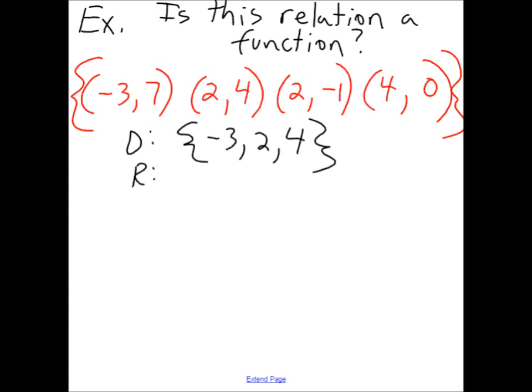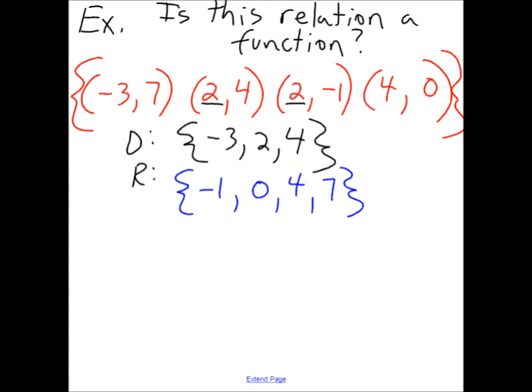Remember, 2 repeats itself twice, so I actually don't write it twice when I'm writing it in my domain. For my range is the y values. So for our y values, we have negative 1, 0, 4, and 7. I'm actually doing my best there to write them in ascending order, going from smallest to largest. But you don't necessarily have to. I'm not too picky on that.